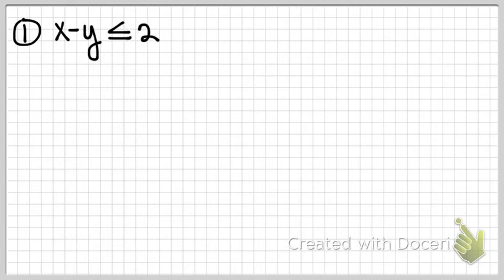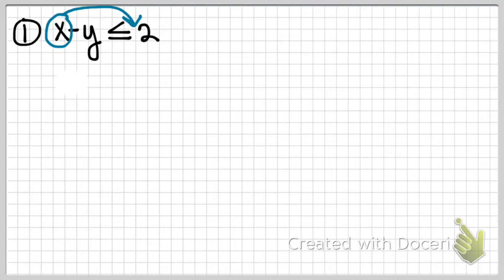Okay, so let's look at question number 1. We need to graph x minus y is less than or equal to 2. But before you can graph this, we need to rewrite this in slope-intercept form. So what would I have to do first in order to graph this? Subtract the x. So the first step is to take this x, move it over.